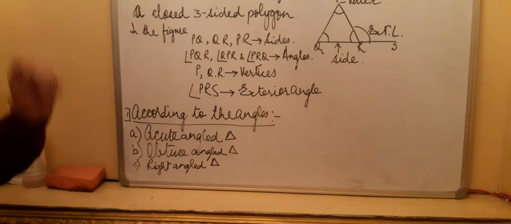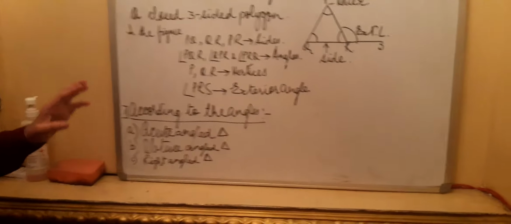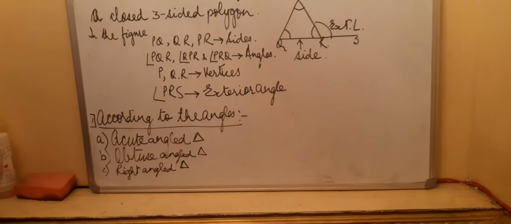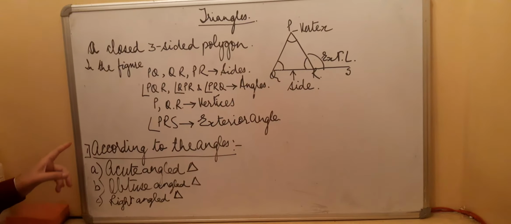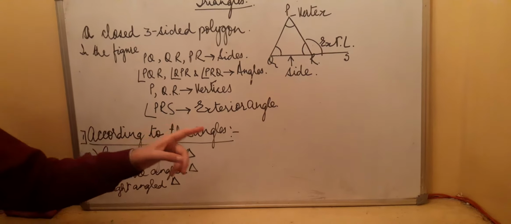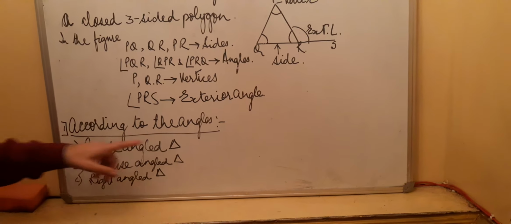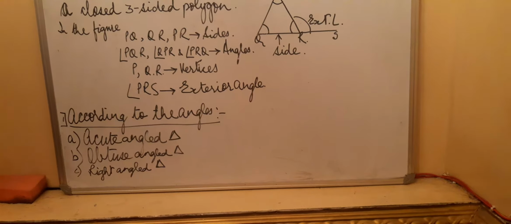The classification of triangles. We classify triangles in two ways: according to the size of the angles and according to the sides. When we classify according to the measurement of the angles, the triangles are of three types: acute angle triangle, obtuse angle triangle and right angle triangle.